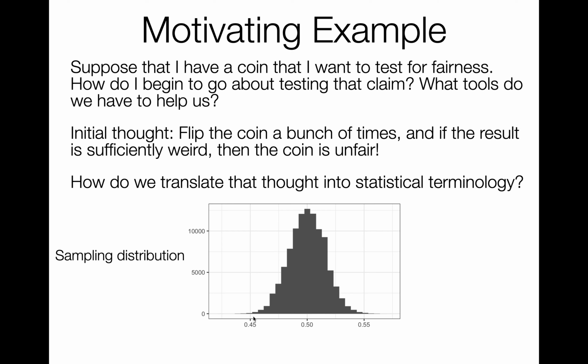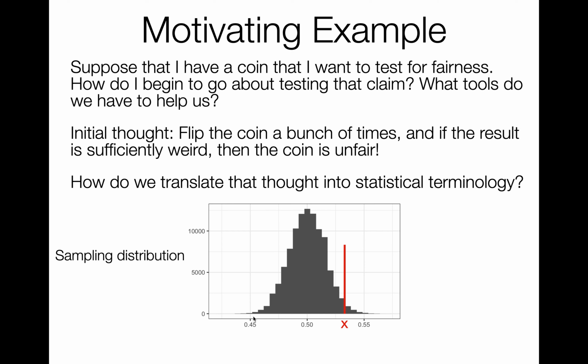So suppose I flip the coin a bunch of times, 1,000, 10,000, and my result is right there. I put an X there and a bar to give you some visual idea of where this is at.